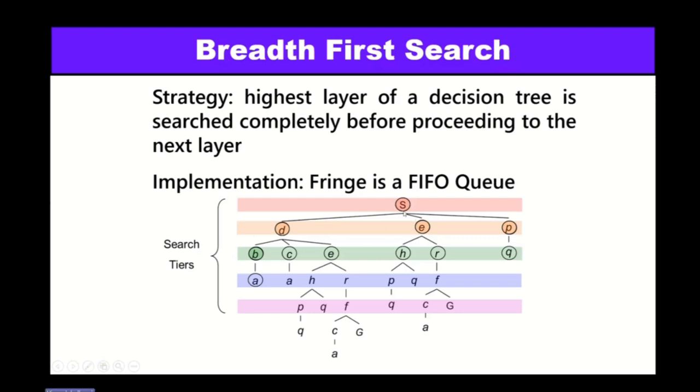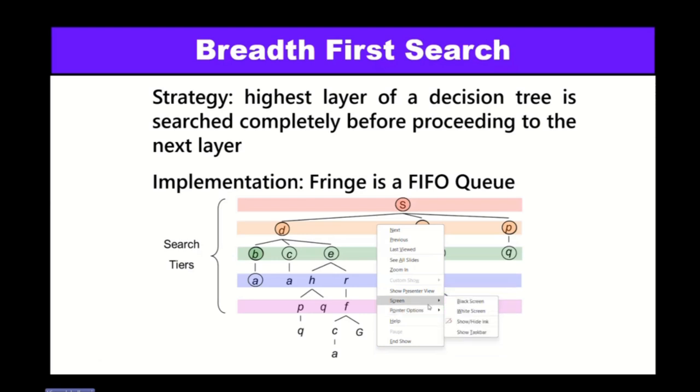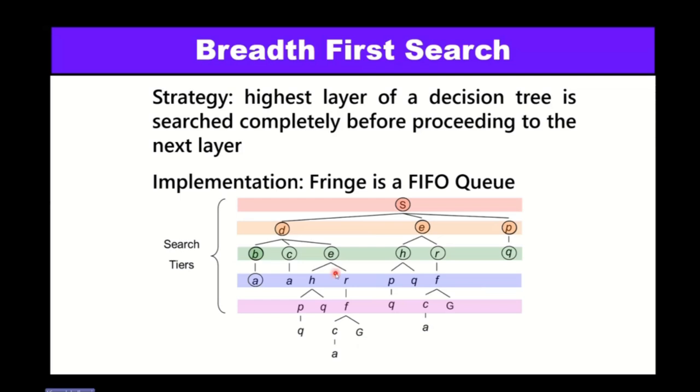We are expanding horizontally. Earlier, what were we doing? We were going S, D, E, H, E, R, F, G, A. This is how we were going in earlier cases, like D, E, R, F, C, A, depth.